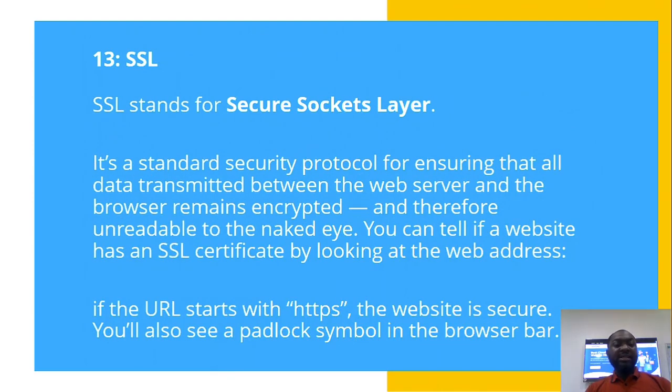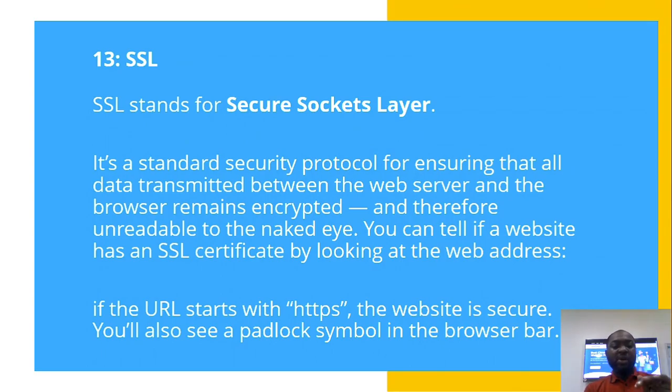Now the next one we'll look at is SSL. Like I said earlier, it's the secure socket layer. It's majorly to help secure the transfer of data from one point to the other. When data is being sent, it's called packet data, and it is sent in an encrypted format using SSL.